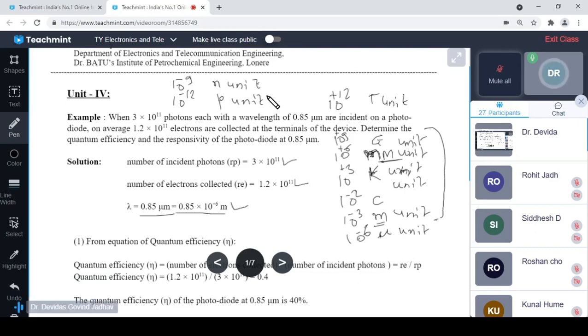So we can interchange these letters and these powers of 10 anytime.